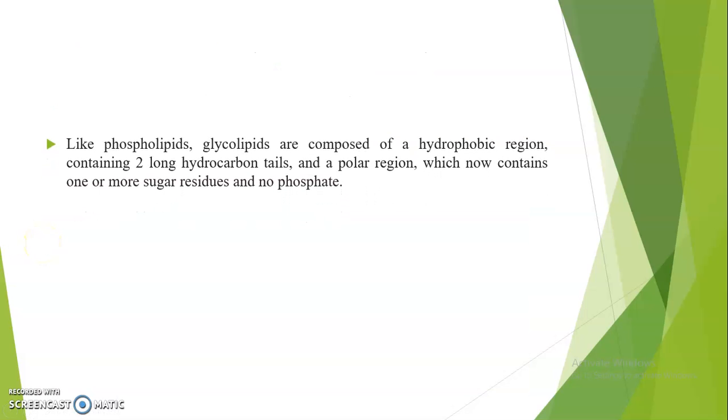Like phospholipids, glycolipids are also composed of a hydrophobic region containing two long hydrocarbon chains and a polar region which contains one or more sugar residues. As you can see here, there is no phosphate group present because they are not phospholipids, they are glycolipids. The hydrophilic portion is made up of the sugars.